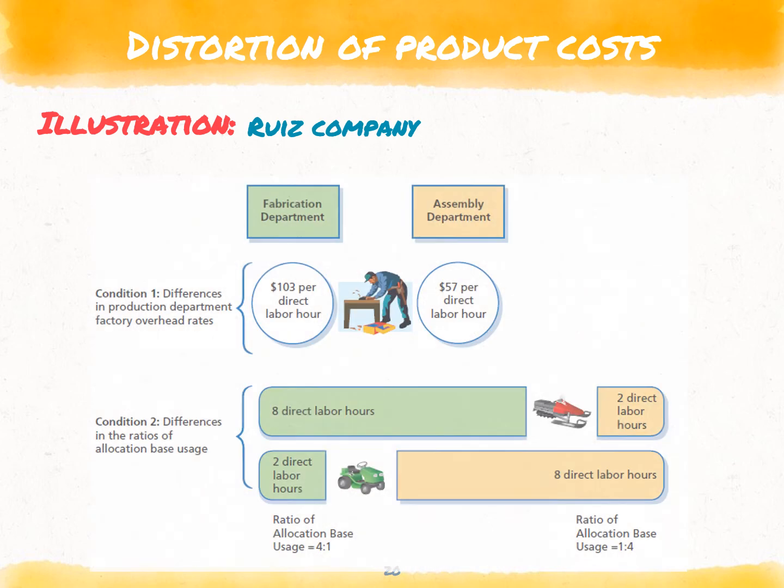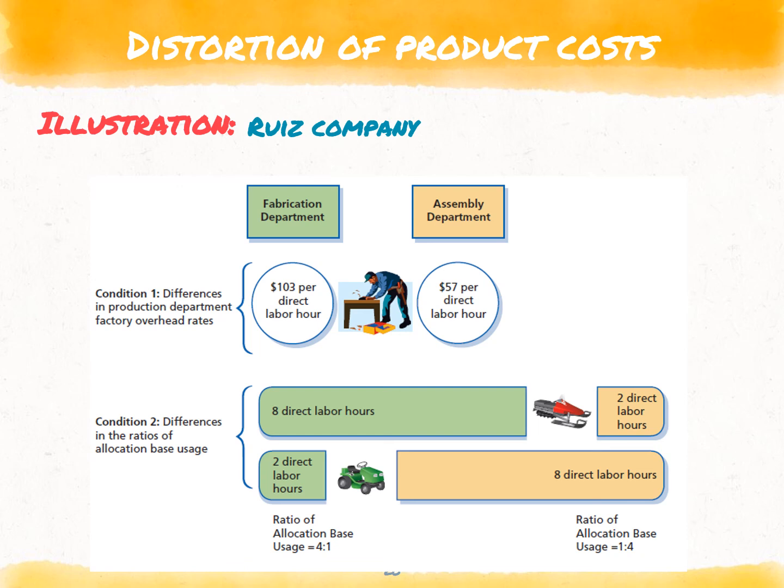To illustrate, Condition 1 exists for Ruiz because the factory overhead rate for the fabrication department is $103 per direct labor hour, whereas the rate for the assembly department is only $57 per direct labor hour. However, this condition by itself will not cause product cost distortions. So let's proceed to Condition 2. Condition 2 also exists for Ruiz.